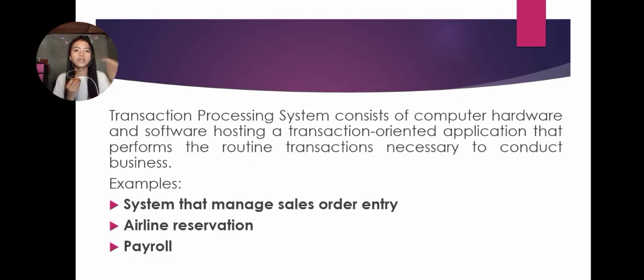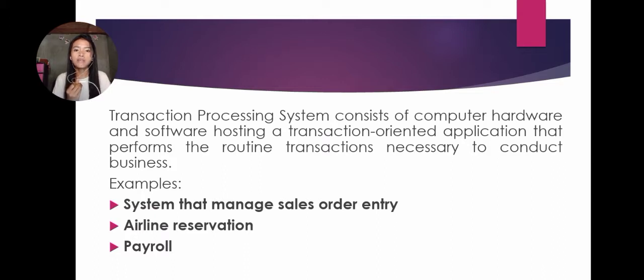The transaction processing system consists of computer hardware and software hosting a transaction-oriented application that performs the routine transactions necessary to conduct business. The TPS is not only for collecting and storing data on PCs or computers; it is also necessary to conduct a business.